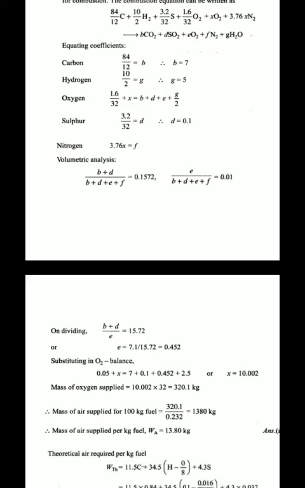So the mass of oxygen is 10.002 into 32, because the molar mass of oxygen is 16, so O2 is 32, giving 320.1 kg.